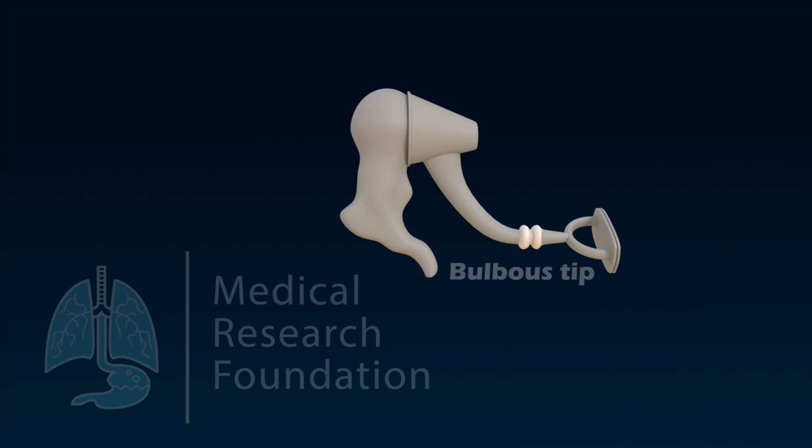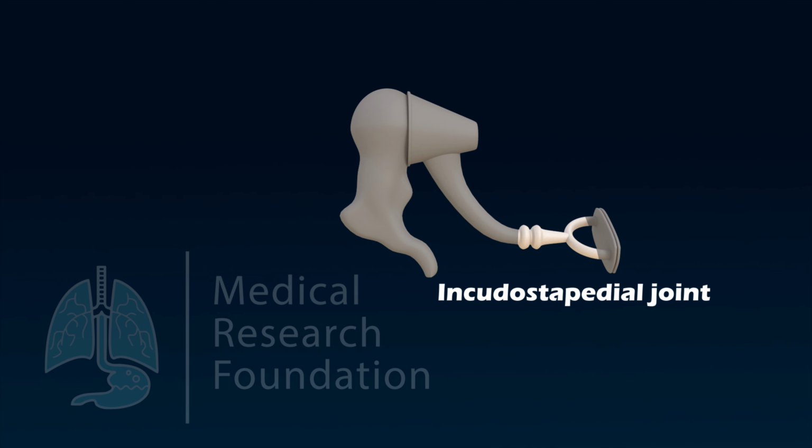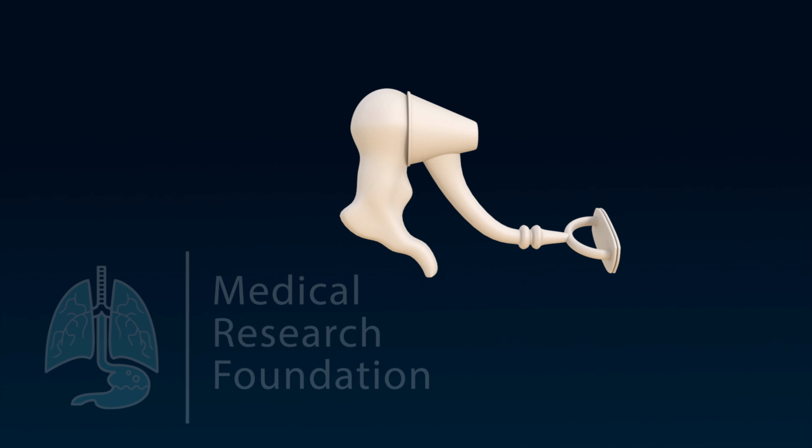Its bulbous tip, the lentiform nodule, is directed medially to articulate with the head of the Stapes, forming the incudostapedial joint, a ball and socket type of synovial joint.